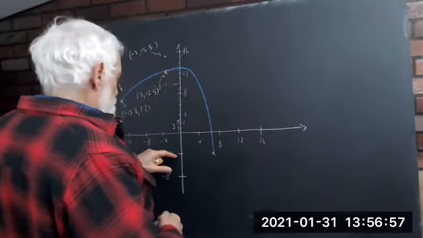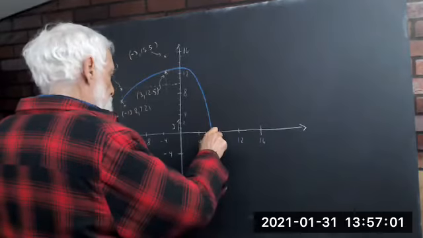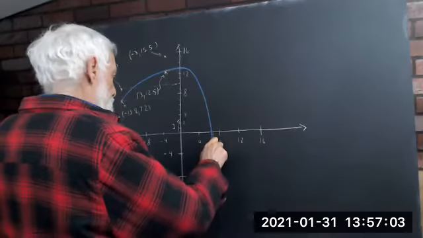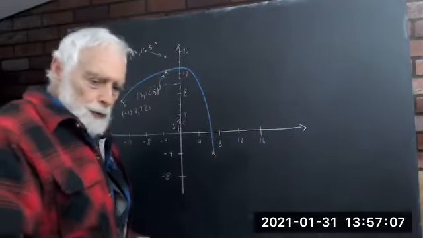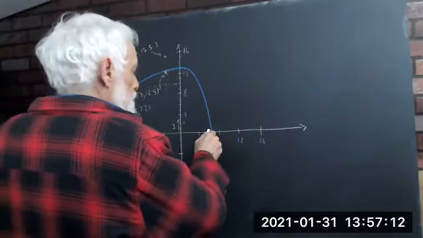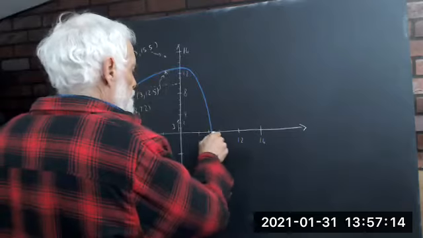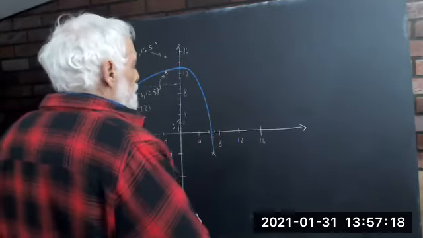Okay, this point appears to be about, let's do a little subdividing. If this is 4 and this is 8, halfway between is 6, then halfway here is 7.